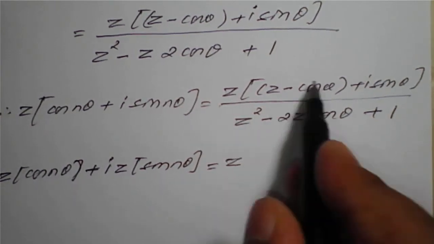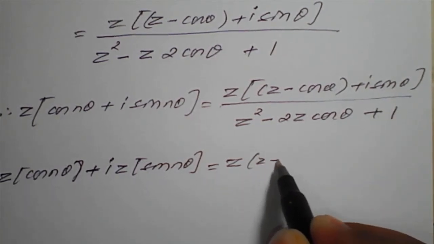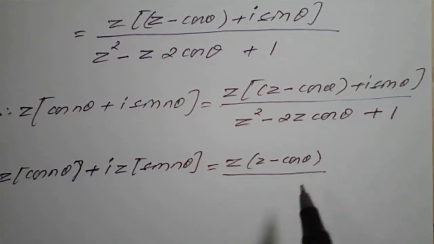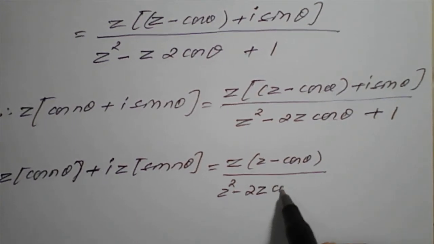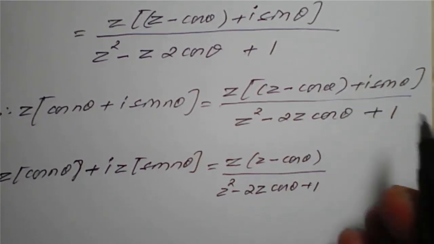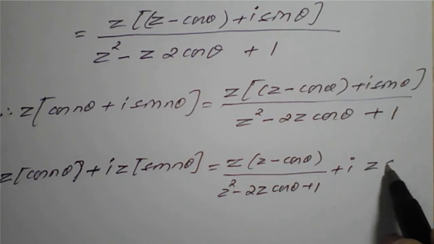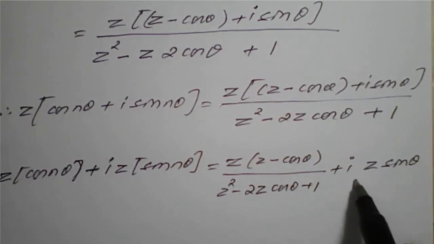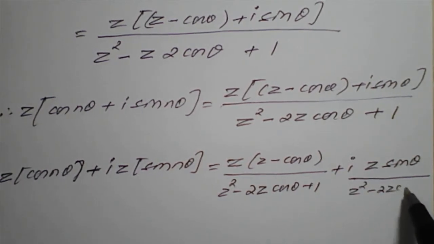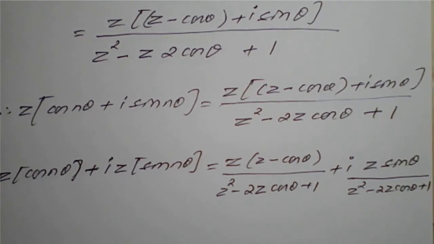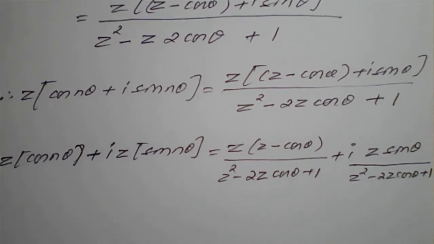Multiply z into the real part: this is the real part, z into (z minus cos theta) divided by z square minus 2z cos theta plus 1, and with this plus sign, plus i times z into sin theta divided by z square minus 2z cos theta plus 1. So this is one of the standard situations to simplify the conclusion.